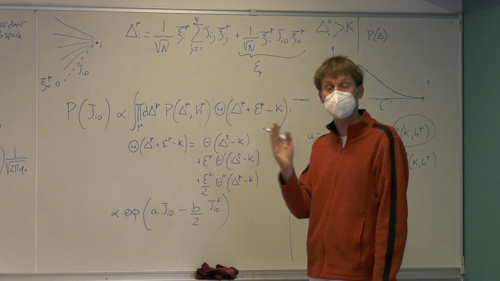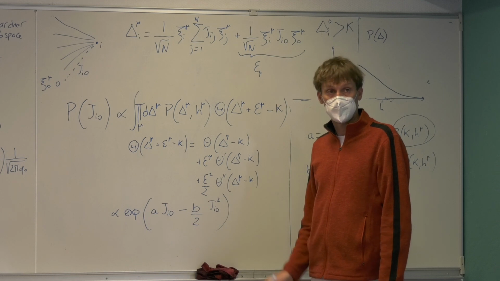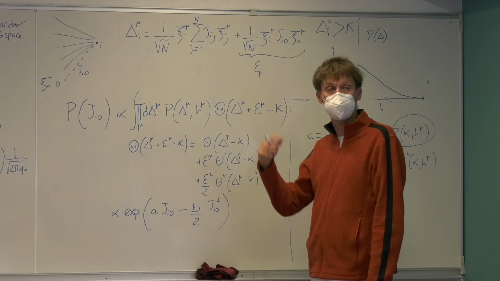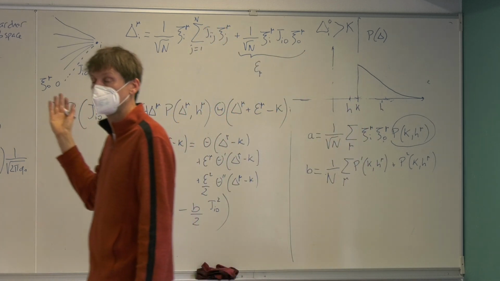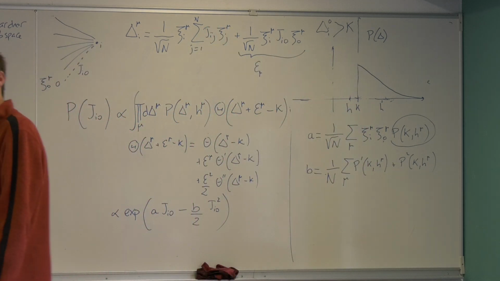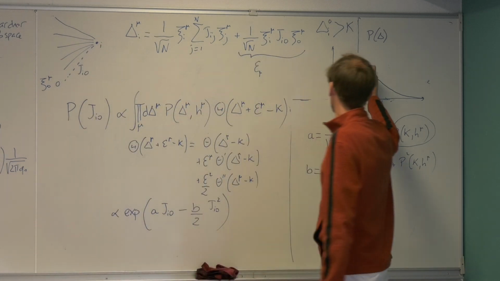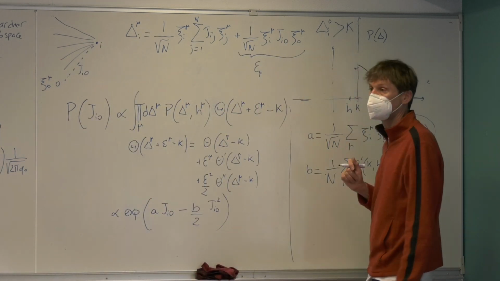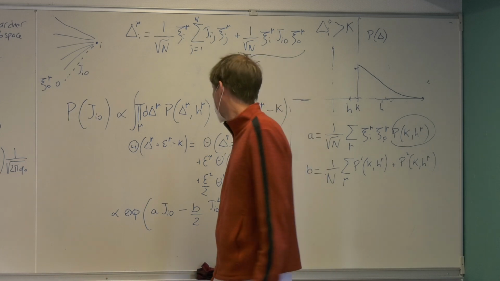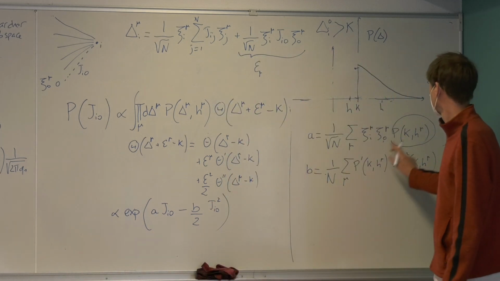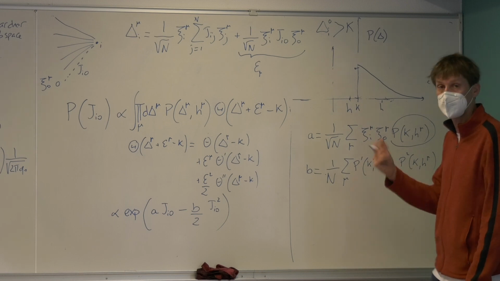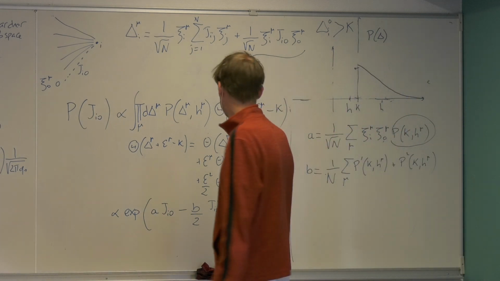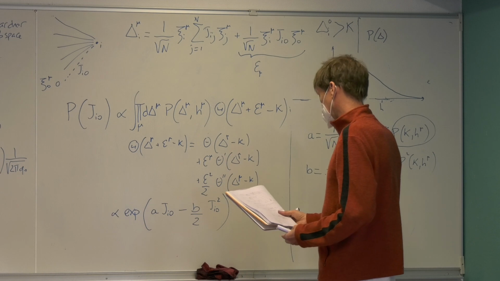So these are the patterns that actually will constrain the distribution of J's. For patterns that have a really high stability, this perturbation won't do anything. But if you're exactly at kappa and you're adding this little perturbation, then maybe you go on the wrong side, and so this really matters. So that's why only the value of this distribution at k and its derivative actually enter here. All right.